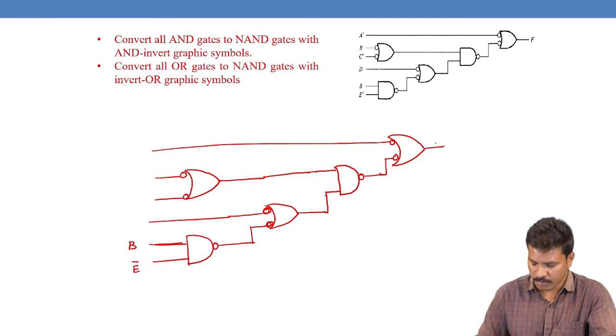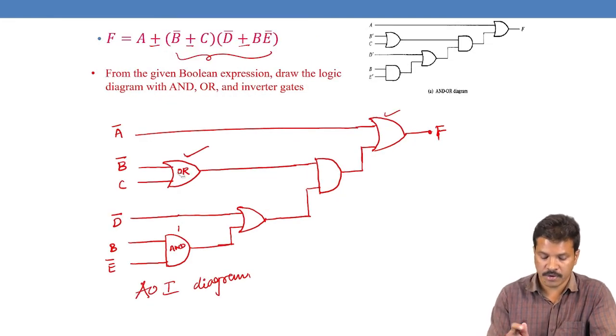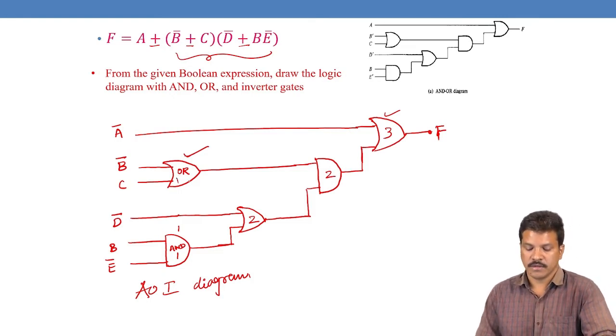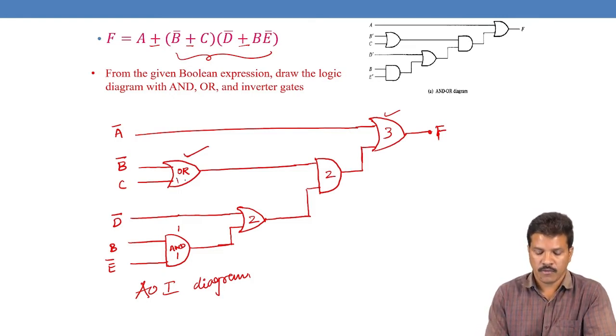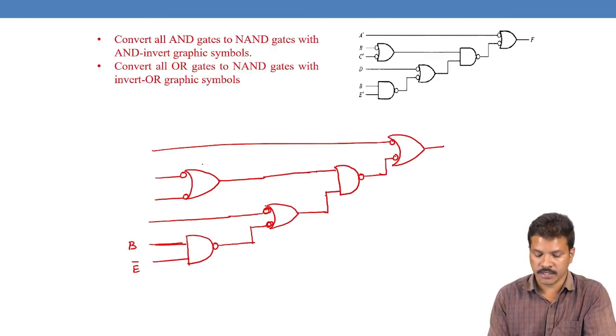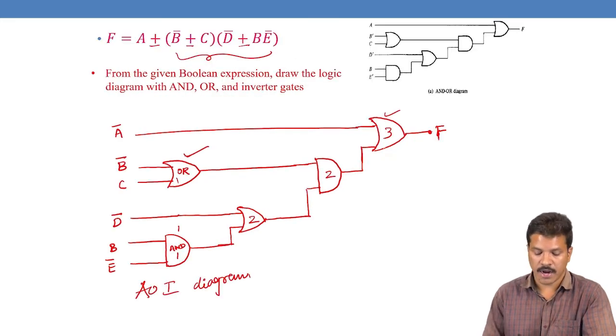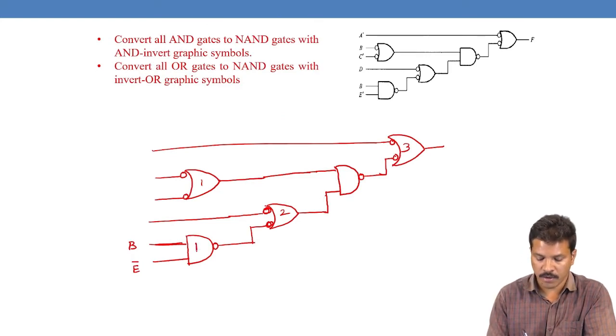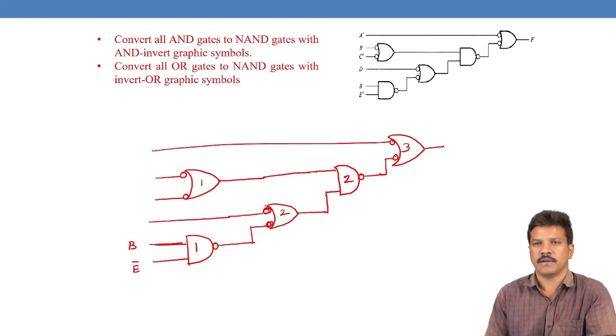If I am taking the numbers here, for example, AND gate 1, OR gate 2, AND gate 2, OR gate 3. So OR gate 1, OR gate 2, OR gate 3 are converted into bubbled OR gates 1, 2, 3, and AND gate 1, AND gate 2 can be converted into AND with bubble, AND with bubble.